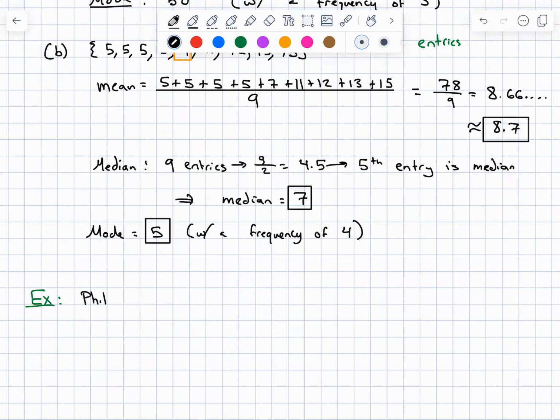Phil has scored an 87, 88, and a 92 on the first 3 exams.